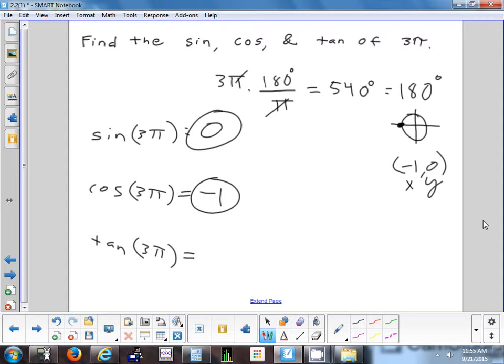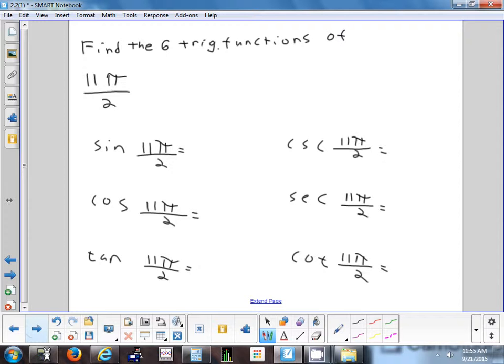And my last one, my tangent. And how'd you get that, Kaylin? So you might have to change from radians to degrees. There's a problem where you had to do it. Okay, and last one.